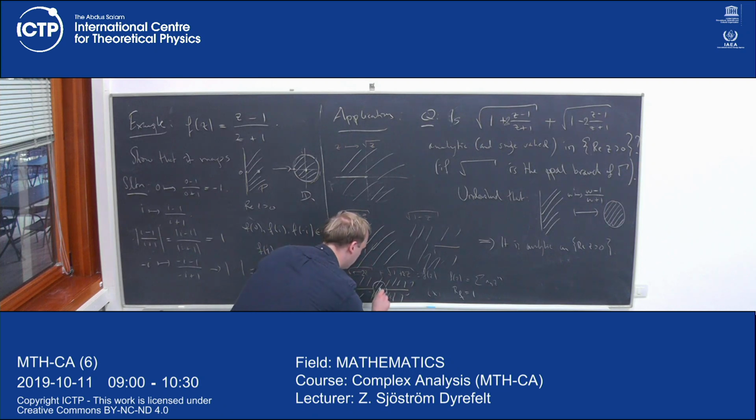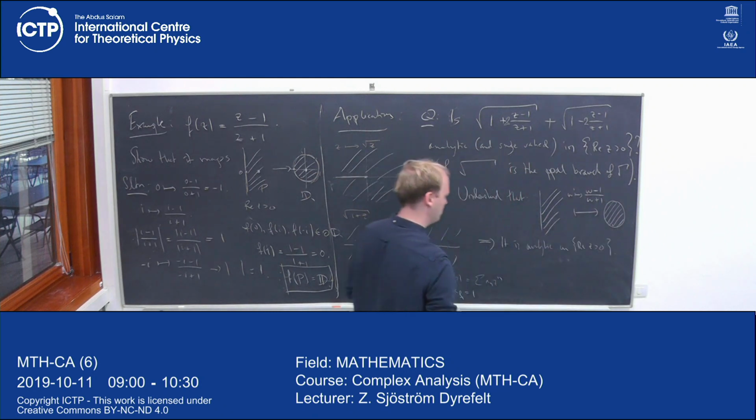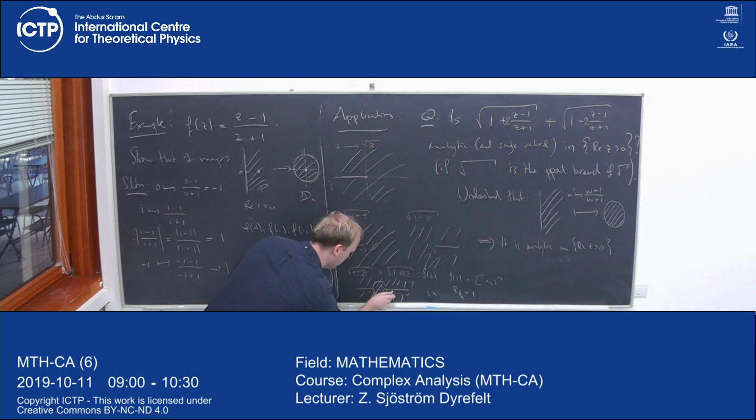And the radius here would be 1/2, but the right half plane would still map to a unit disk. So if I start with something there, it will still end up in the unit disk, which would now look bigger, and it would not be defined using the principal branch on these places. Okay.